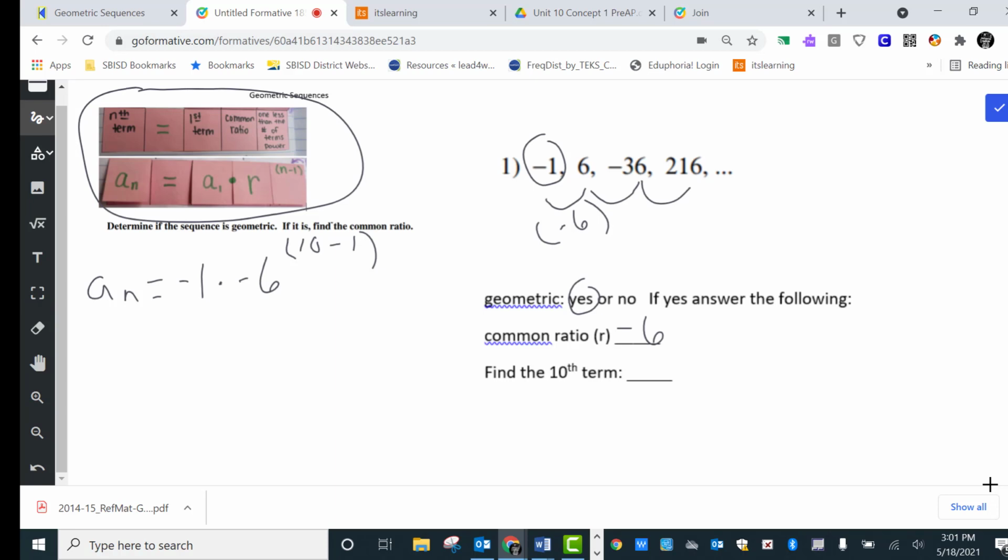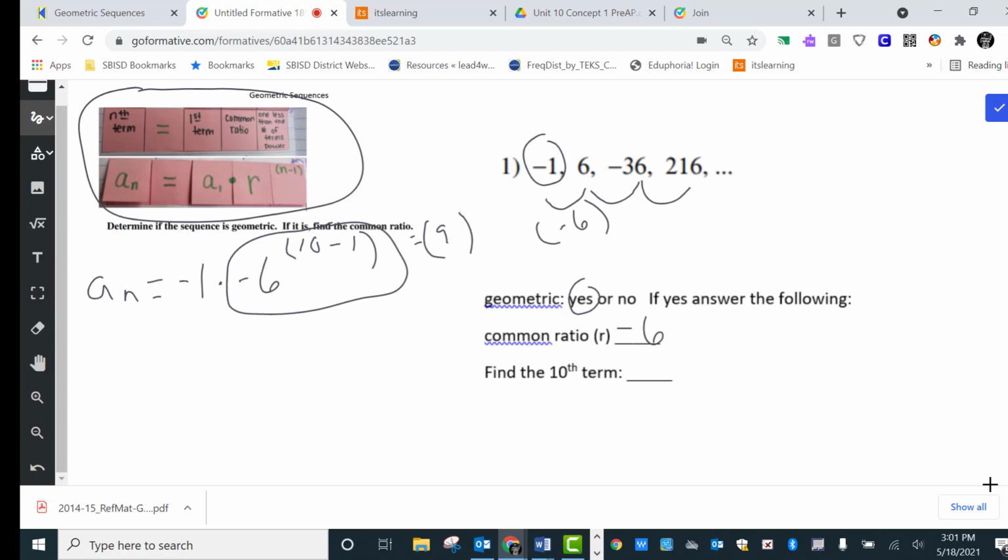Okay, order of operations says I have to do this first. So 10 minus 1 is 9. So that basically means to the 9th power. So I'm going to do negative 6 to the 9th power. I'm going to use my calculator for that.